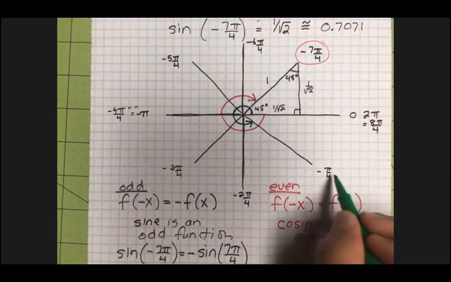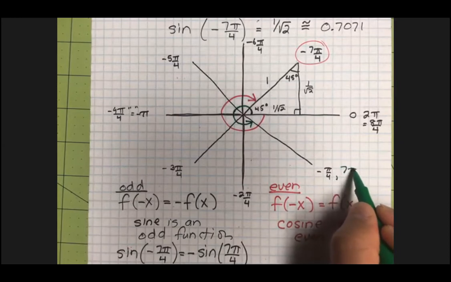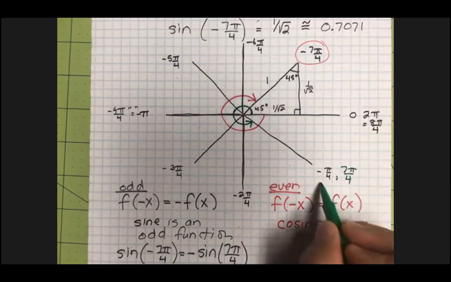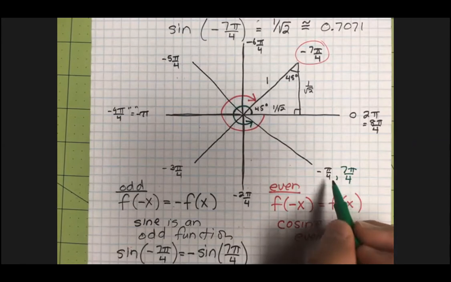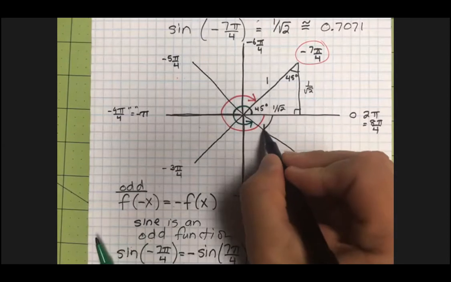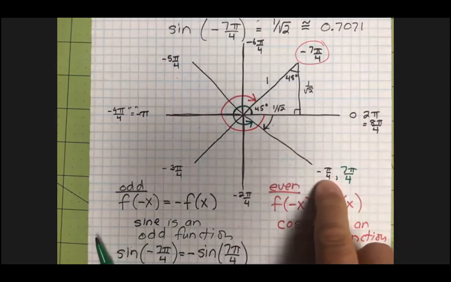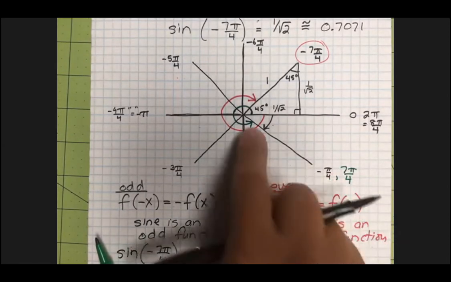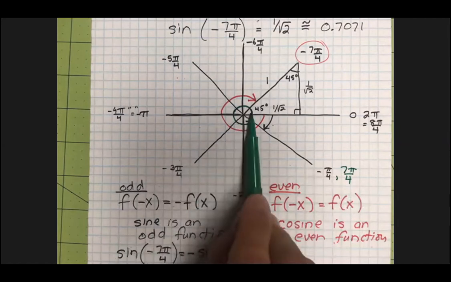So minus pi over 4 and 7 pi over 4, what did we call those? Coterminal. Going minus pi over 4, you land at the same place as if you go 7 pi over 4.